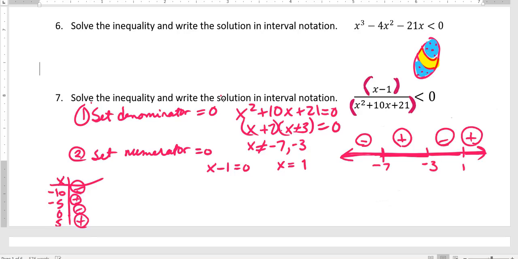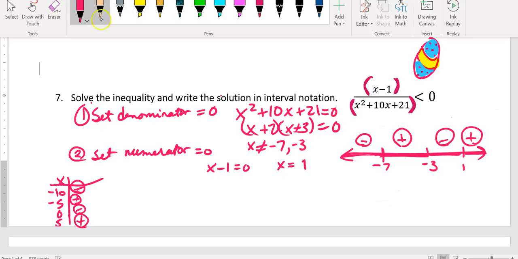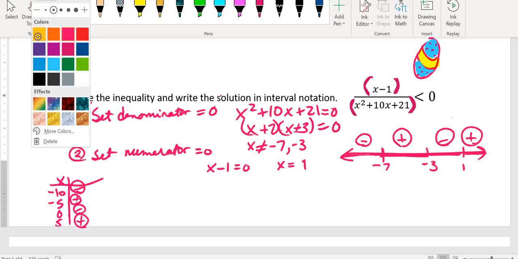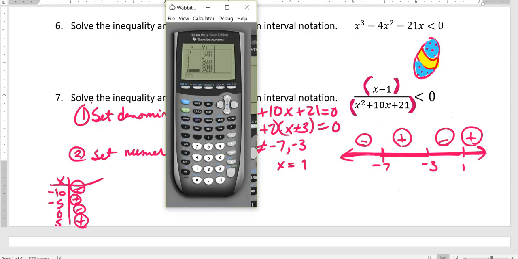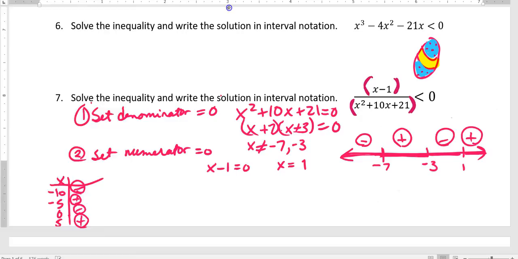Now let's take a peek at the graph too while we have the calculator. I'm going to draw this in a different color so you can see what it looks like. If you just look at the graph, let it help you. That's what these calculators are for.